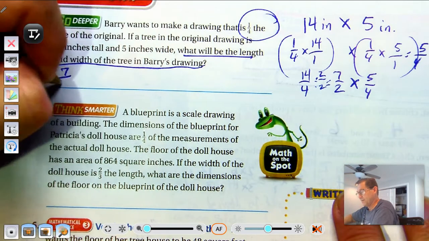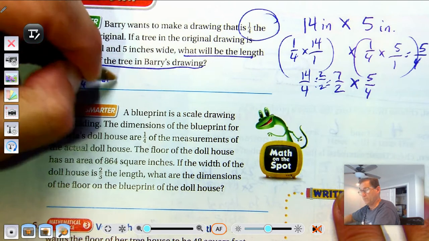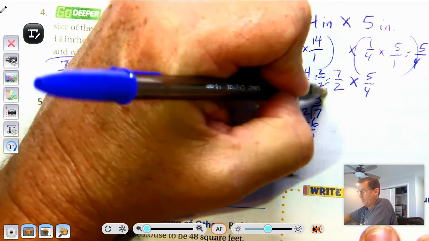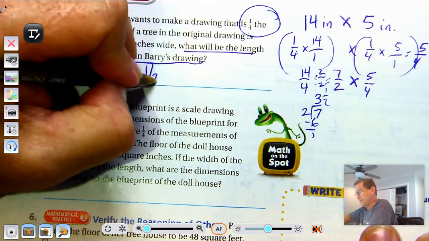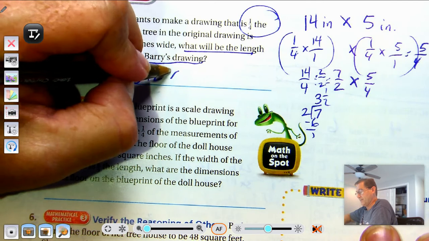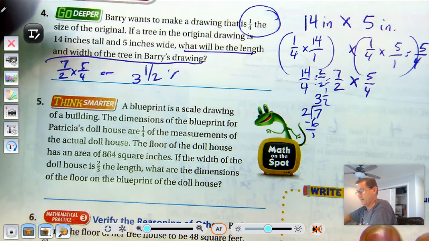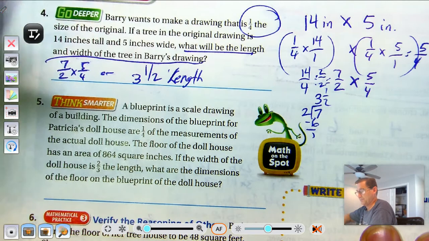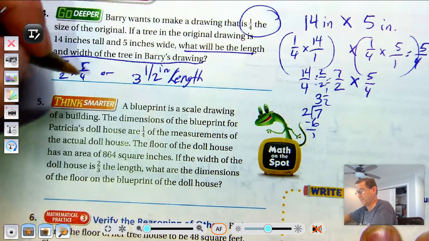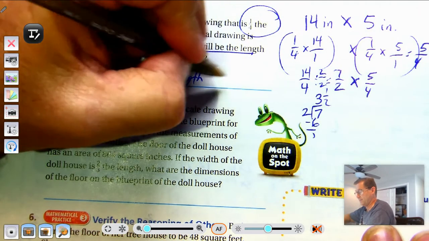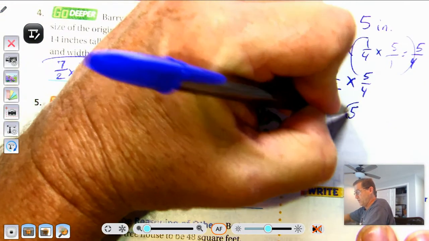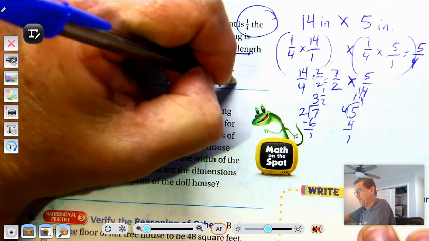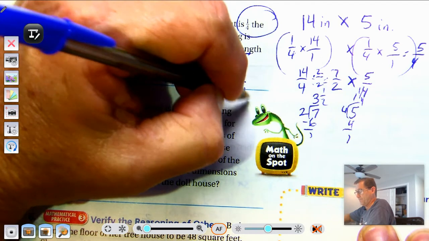Or we can turn it into mixed numbers. 7 divided by 2 is 3, so 3.5. 3.5 is the length, 3.5 inches. And the width is 5 divided by 4, 1 1/4 inches for the width.